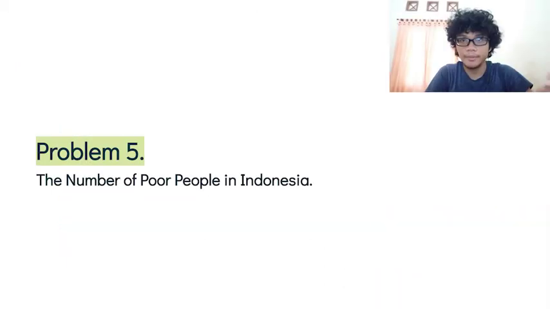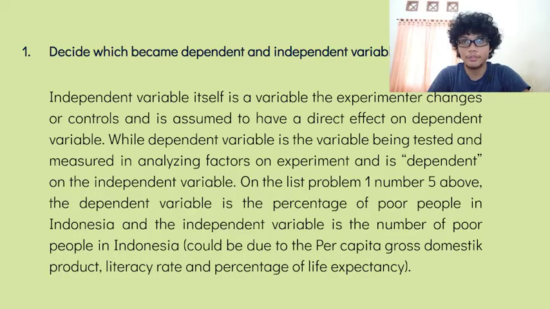So in problem number 5, we are discussing the number of poor people in Indonesia. In the first problem, we need to decide which are the dependent or the independent variables based on the problem. The independent variable itself is a variable the experimenter changes or controls and is assumed to have a direct effect on the dependent variable, while the dependent variable is a variable being tested and measured in analyzing factors in an experiment and is dependent on the independent variable.